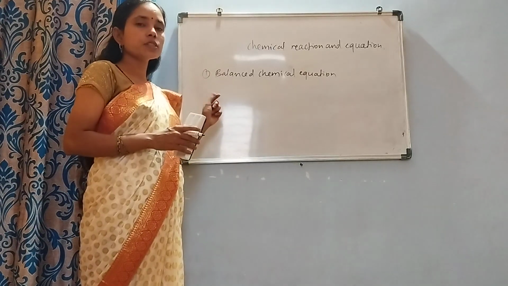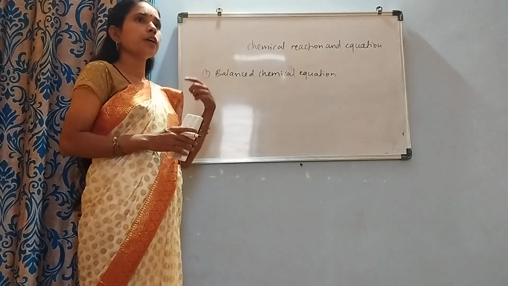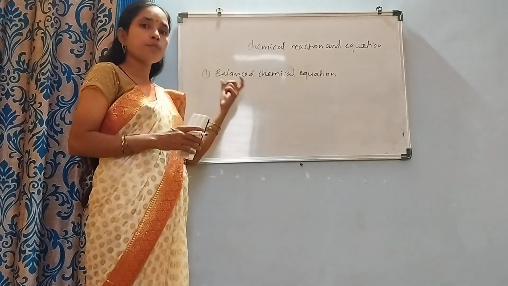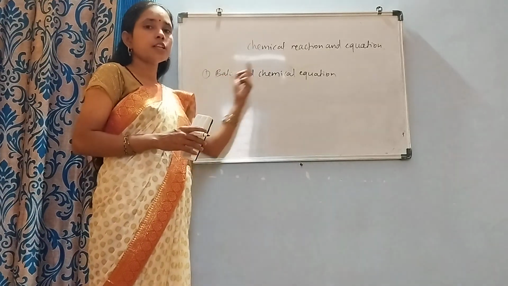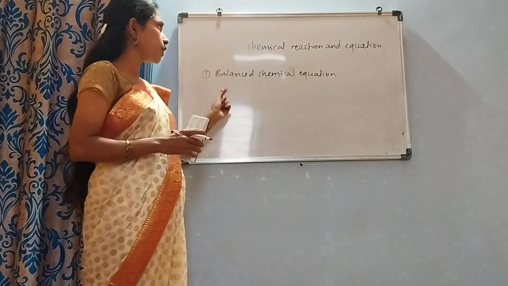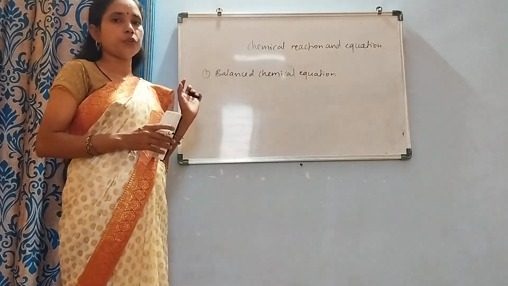It means mass can neither be created nor destroyed. Whatever the number of molecules in a reaction, their mass has to be constant in the reactant as well as in the product. So for that reason we have to balance the chemical equation.